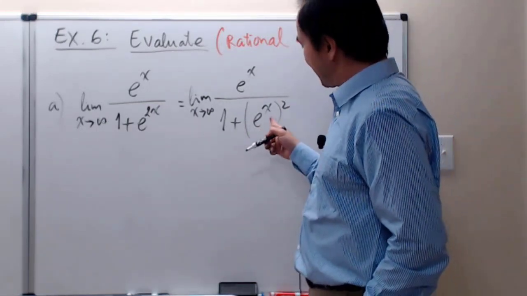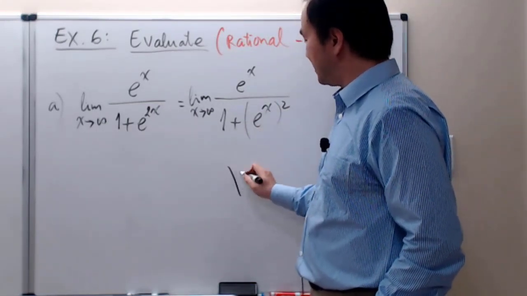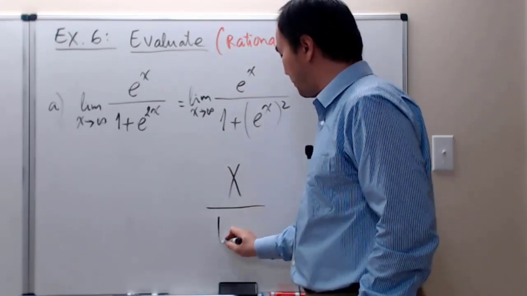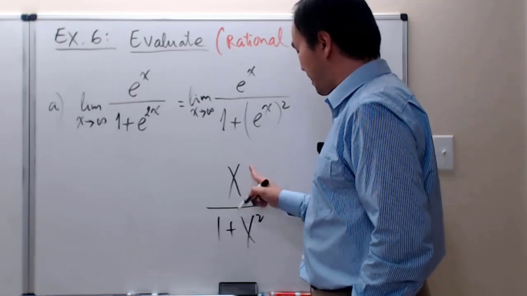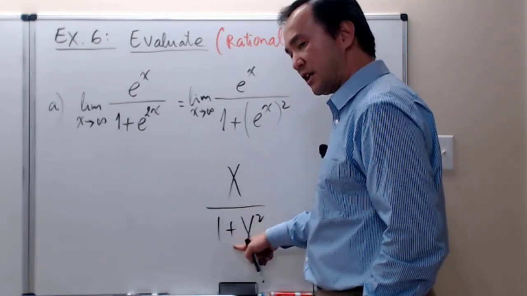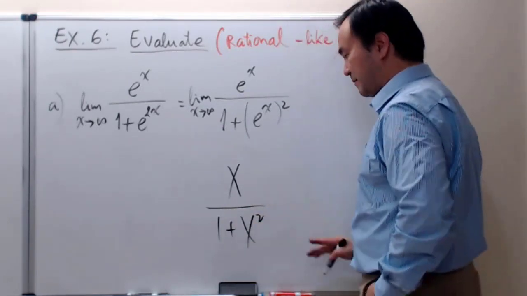So if we remember, e to the x is one big capital X over 1 plus X squared, a polynomial in the numerator and a polynomial in the denominator. The highest power in the denominator is power 2, and that's what I'm about to use.